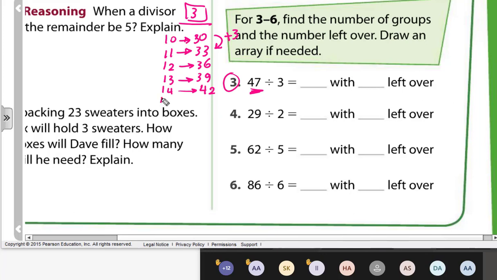So let's try another number. 16 times 3 is 48. Now 48 is more than 47. So, which one should we use?